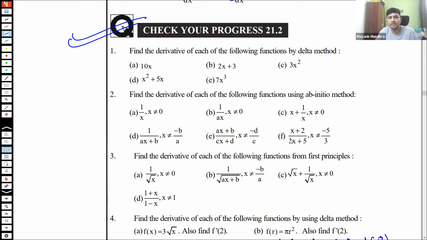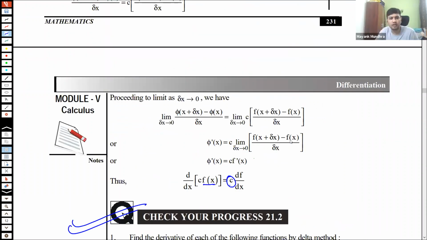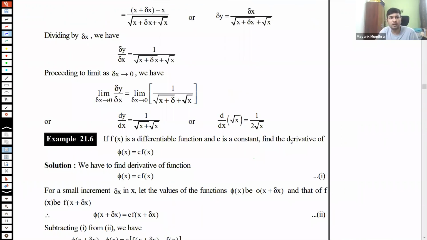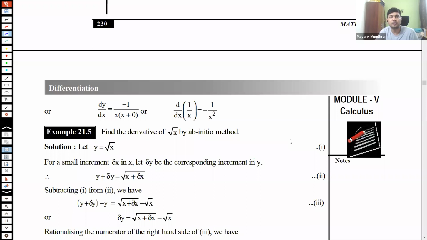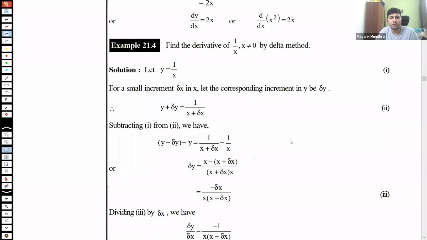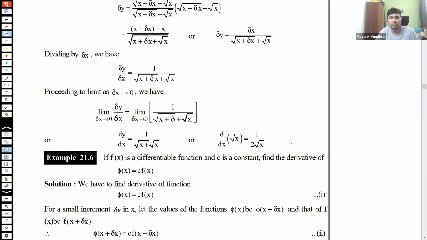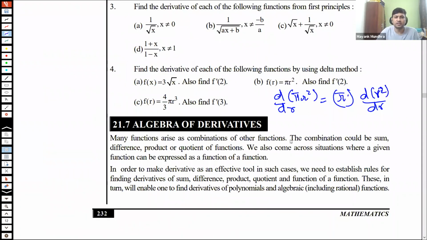Another important relation is the algebra of derivatives. So this is the sum rule.